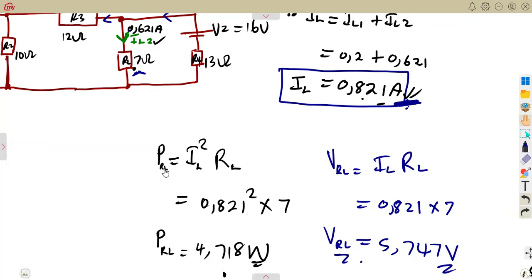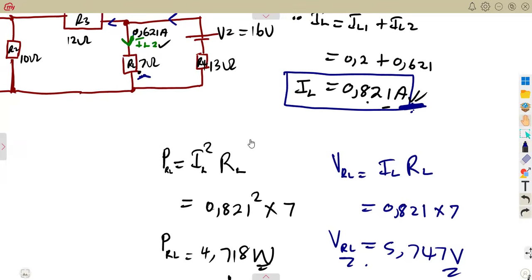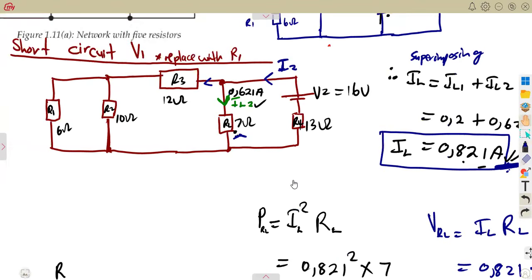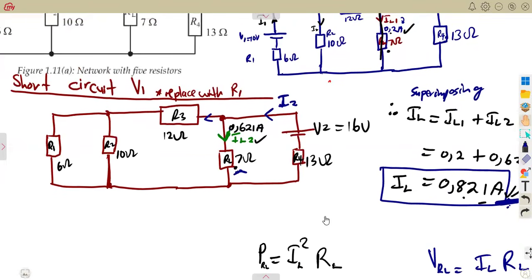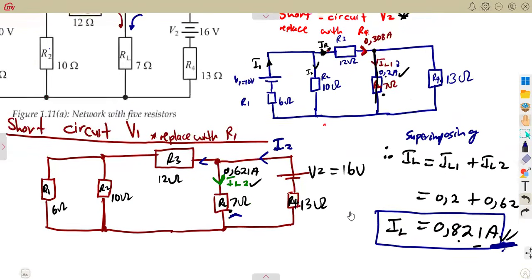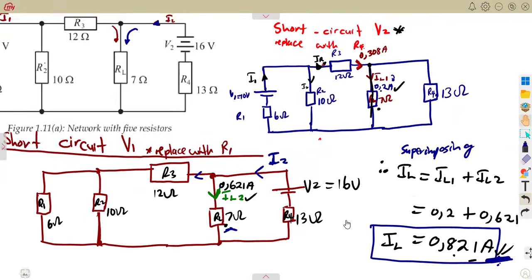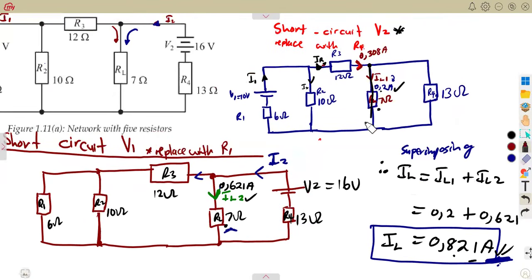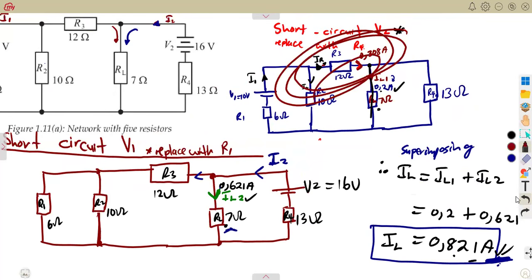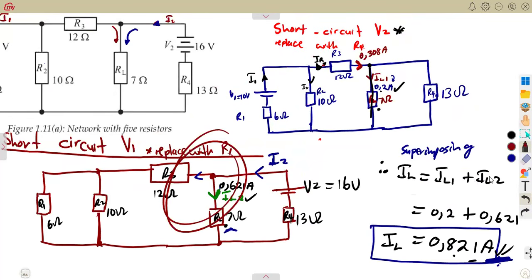So after calculating the currents, you can even be asked to calculate power and voltage. So let's revise as many questions as we can, preparing ourselves for the exams that are ahead. As you can see, it's very, very important that each circuit is considered separately when working with superposition.